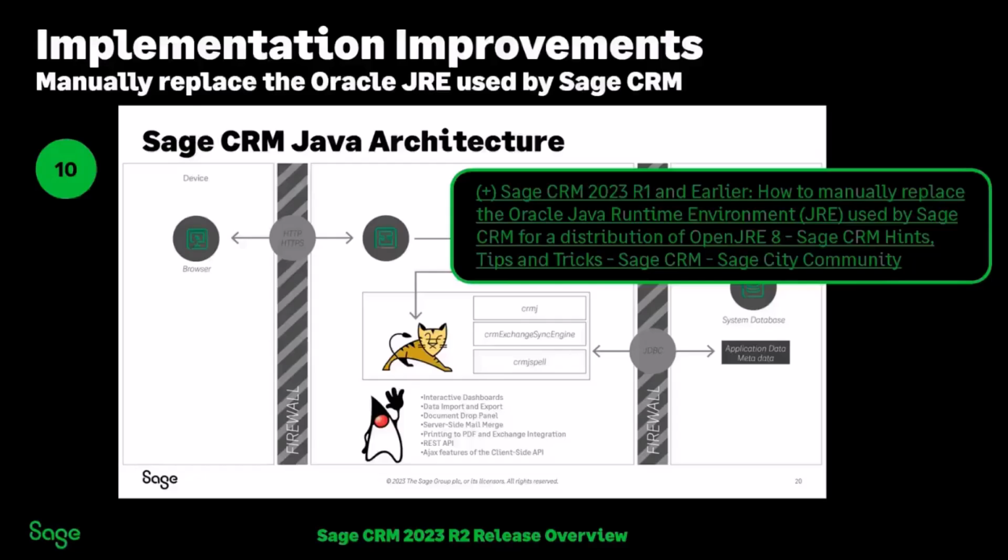And we're using the distribution of OpenJRE that comes from Adoptium Temurin, and it's a very good, stable version. In fact, it's one of the default options that Apache itself uses for Tomcat.